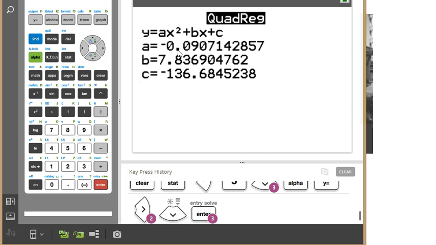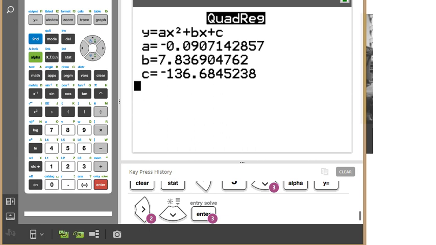So we're going to have negative 0.091, plus 7.84x minus 136.7. Here it is.